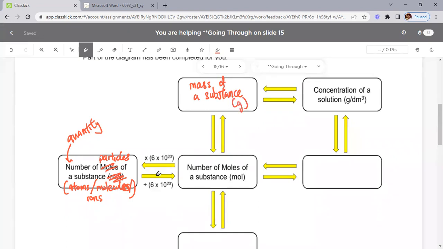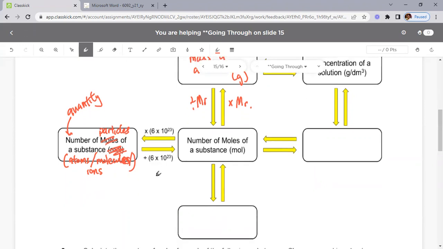To convert mole to mass, you multiply by the Mr. Hence, from mass to number of moles, you divide by Mr. I've shown you how to do the top one. I want you to try to complete the rest of the arrows and the other two blanks.